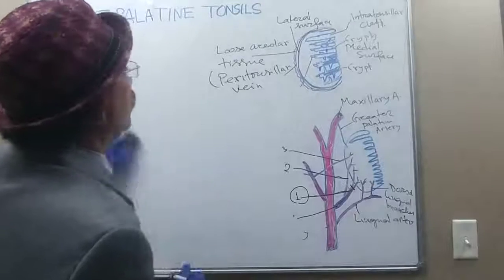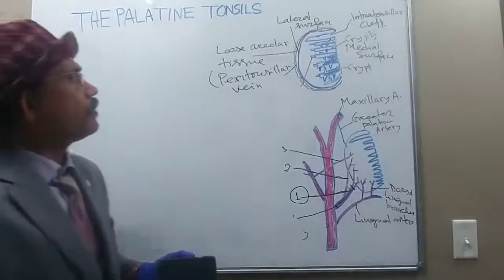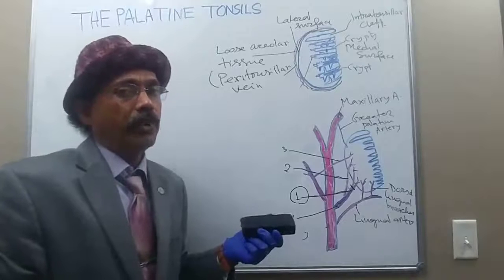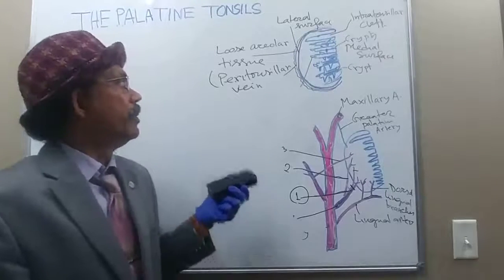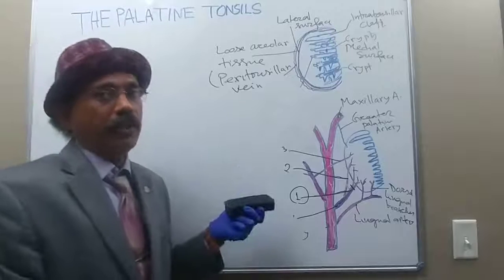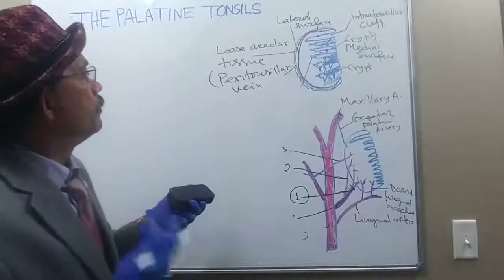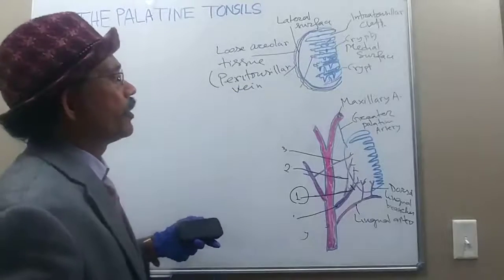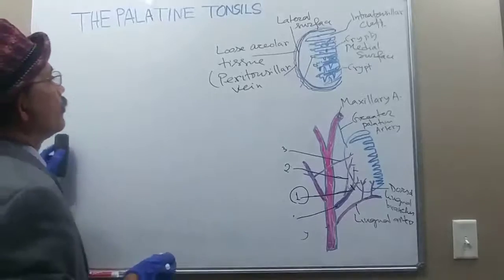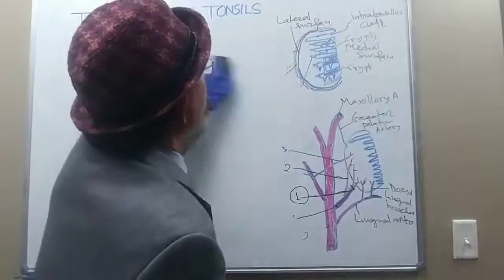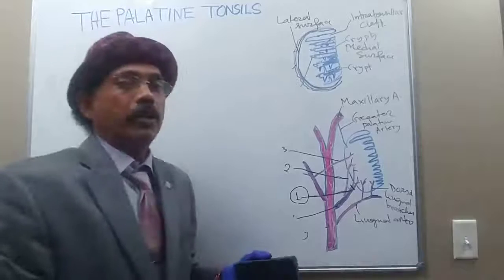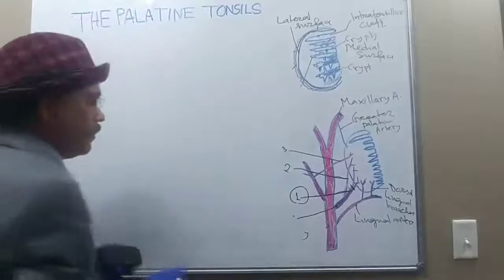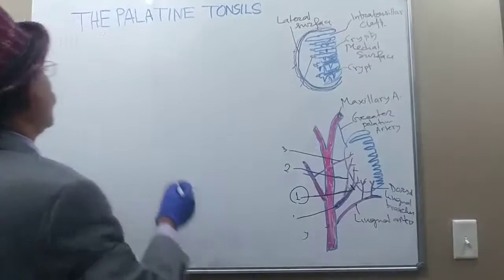So we have venous drainage to the pharyngeal veins, to the palatine vein, to the facial vein, and also the peritonsillar vein, which also picks up some venous blood from the tonsil. We got the venous drainage and arterial supply.